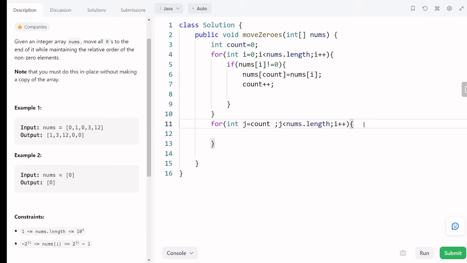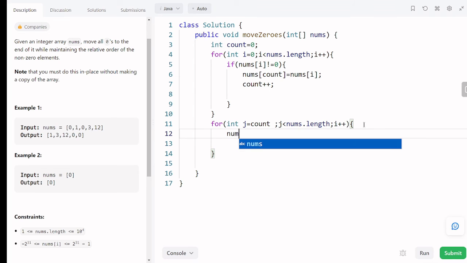Only two spaces are available, so I put nums[j] equals 0.